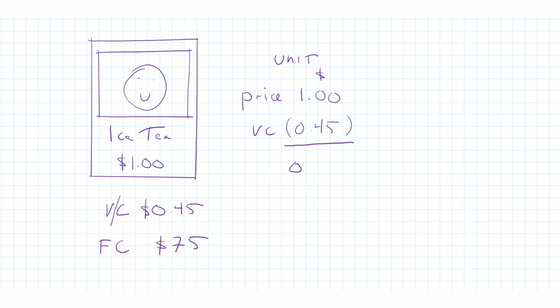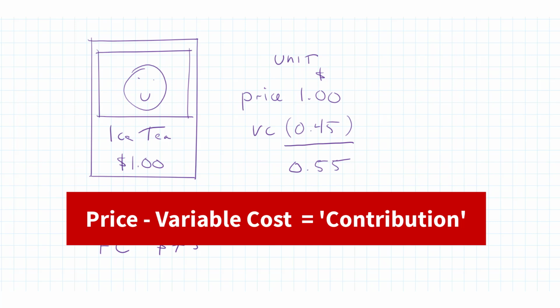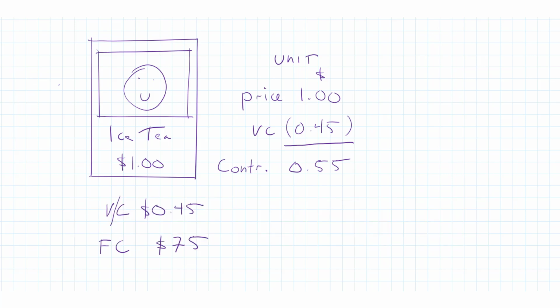That number is called contribution, and that's 55 cents. Contribution, that means giving to. That is the contribution to my fixed costs and my profit. Understanding my contribution per unit is very important for my decision making.